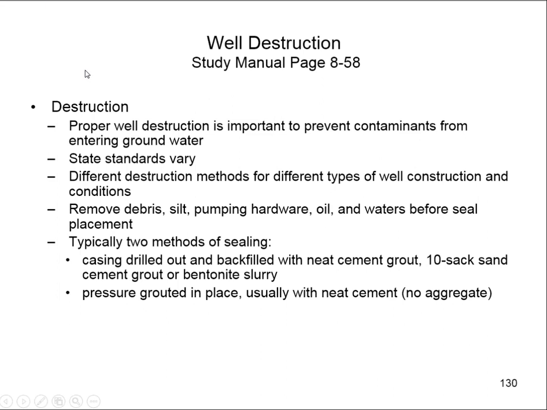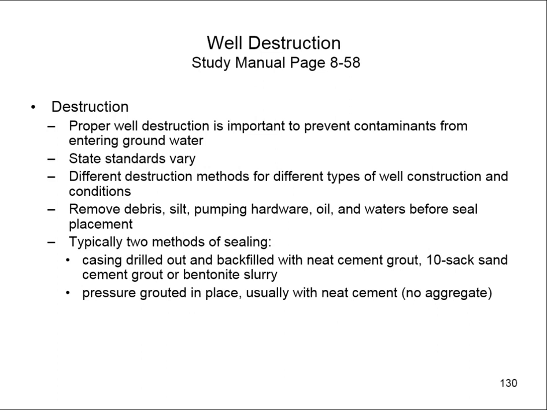And then once we're finished with the wells, it's important to destroy them properly, and we have no national standard on this. So as I looked at different places across the country, we had 2 different methods.